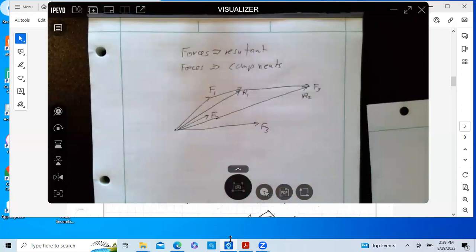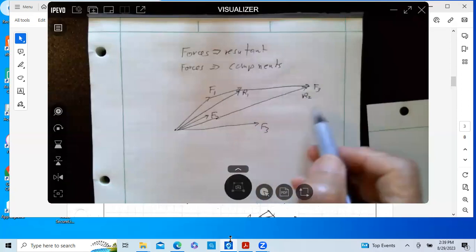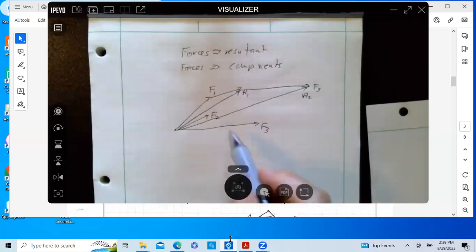If I had a fourth force on there, I'd have to repeat this again. Oh, this is too cumbersome. Okay, we just simply want to do this. And so what we want to do is use components. Very simply, we want to use components.